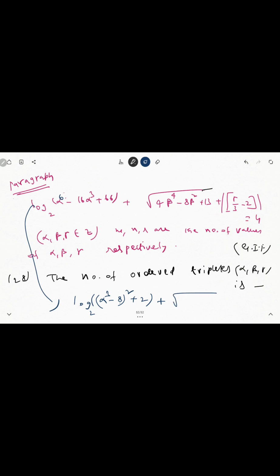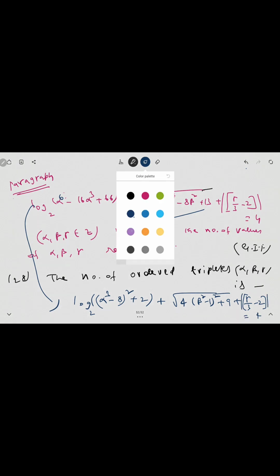Here also you can do like this: 4 beta power 4 minus 8 beta square plus 13 is nothing but 4 common, beta square minus 1 whole square plus 9. If we expand the formula a minus b whole square, again we are getting this only. Third one is as it is, modulus of gamma by 3 minus 2, equal to 4. So what is the point now?